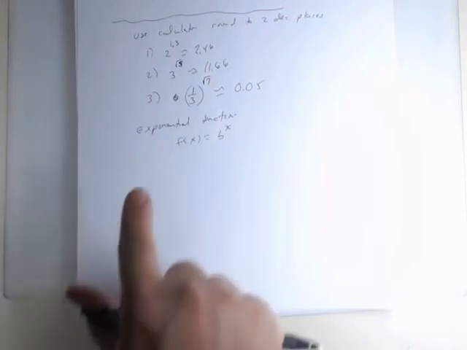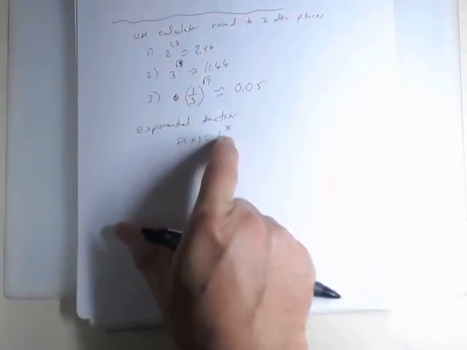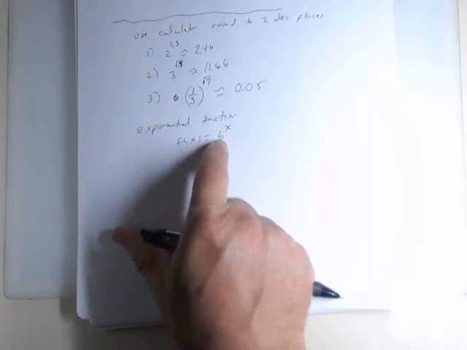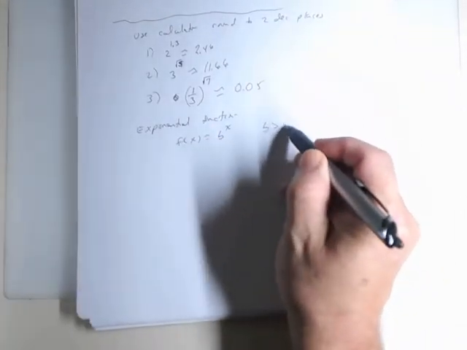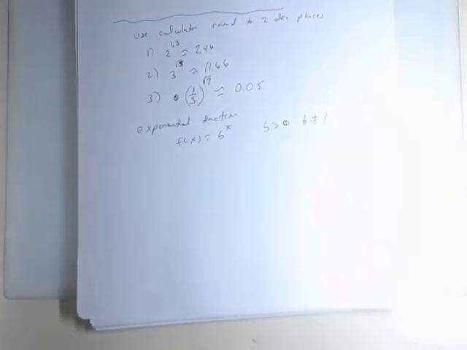So f of x equals some base raised to the x power, and that's exponential because where's the variable located? In the exponent. Okay? The base, b, must be a positive number. The base cannot be negative. The base has to be a positive number, but the base cannot equal 1. So it can be any positive number but what? 1. Cannot be 1.